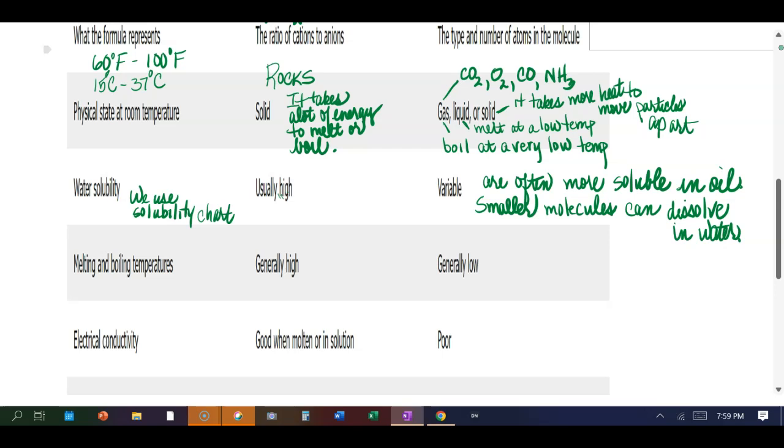Melting and boiling temperatures we hit here because melting and boiling depend on the way the particles are arranged. The bonds, in the case of ionic, are so attractive that it's hard to get a simple formula unit apart. So bonds between neighboring particles are so strong.